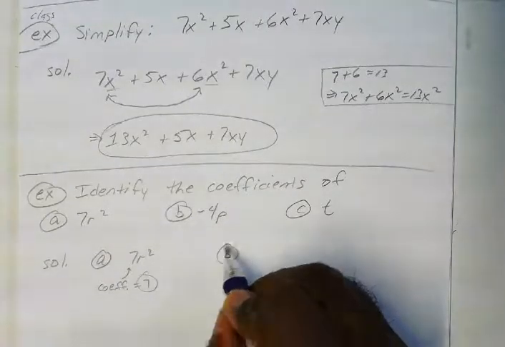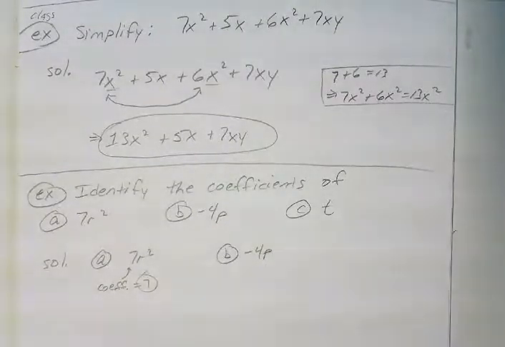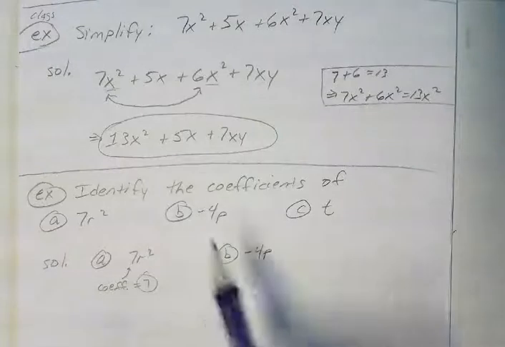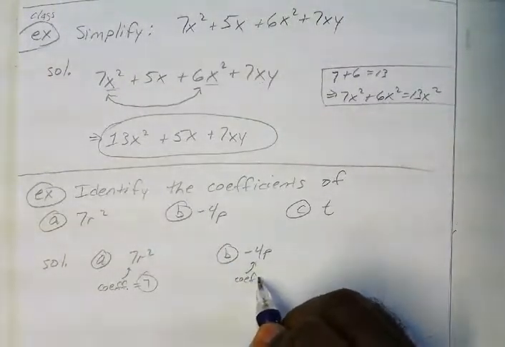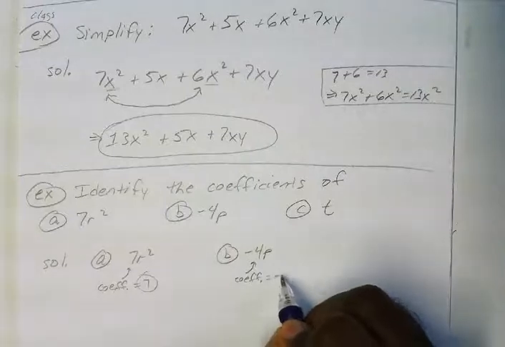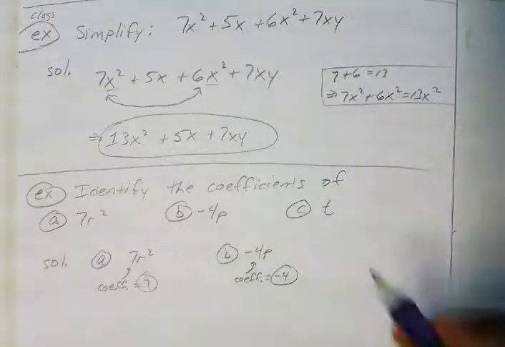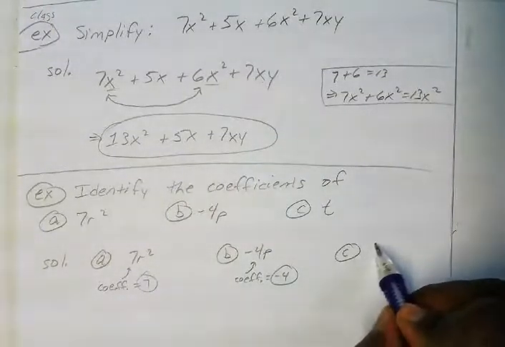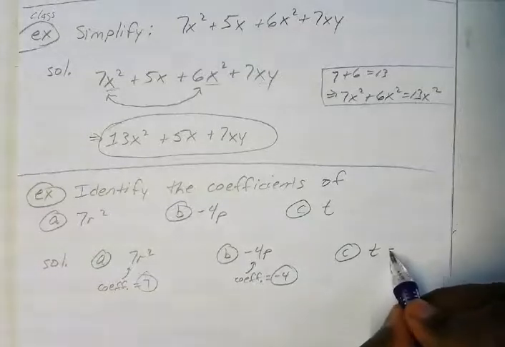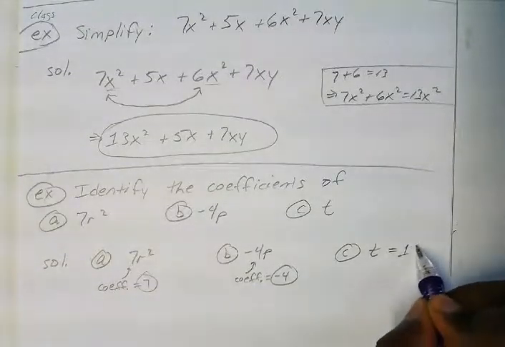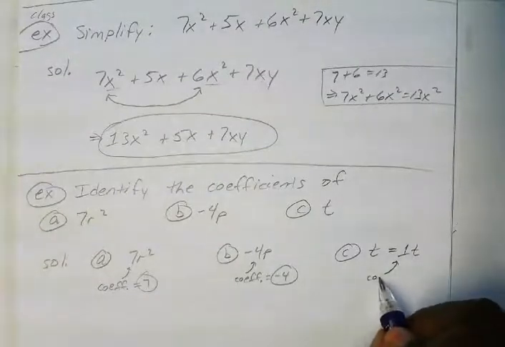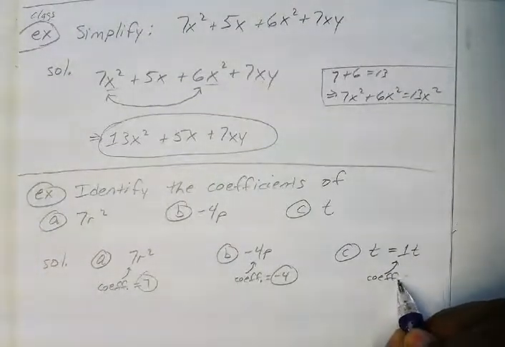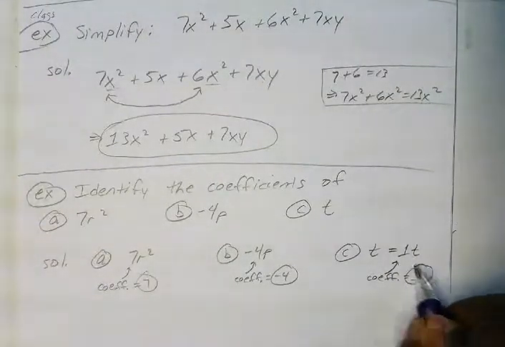For problem B, the coefficient is negative 4. And for problem C, remember t is the same as saying 1t. So your coefficient is 1.